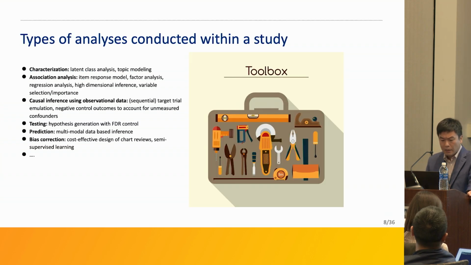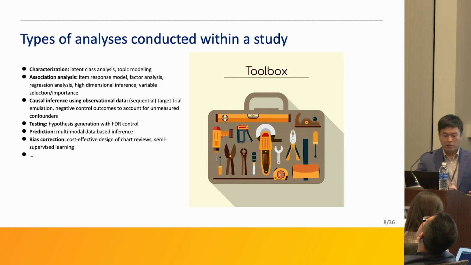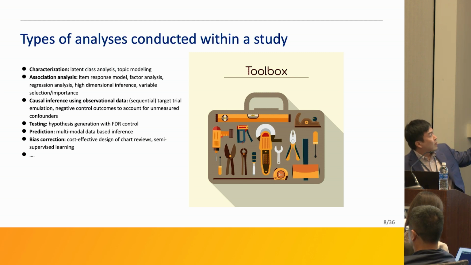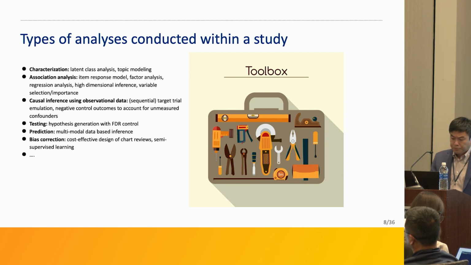As you know, if you have data all collected in one particular study, could be multi-site or single-site, you can do a lot of things like characterization, latent class model, topic modeling, subphenotyping, association, causal inference. You can run sequential target trial emulation. You can do hypothesis generation testing, all kinds of things, right?